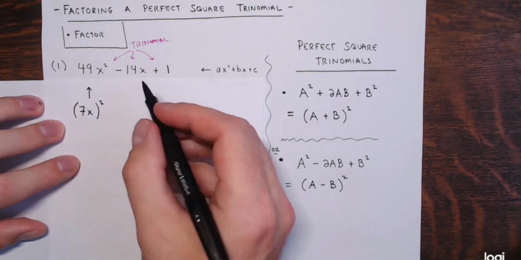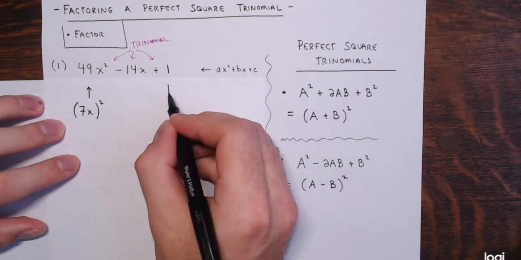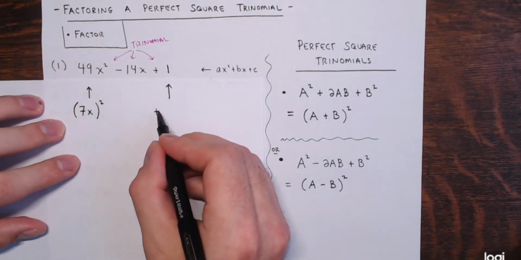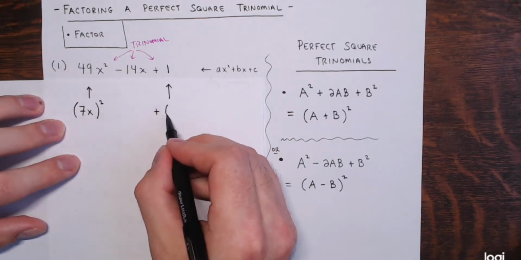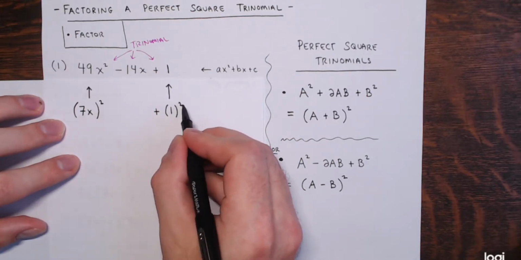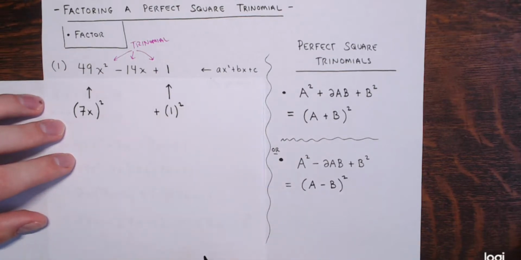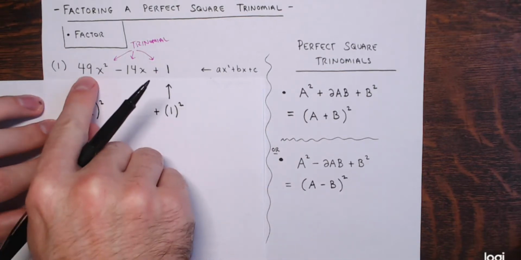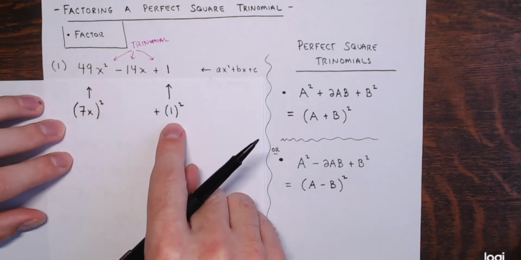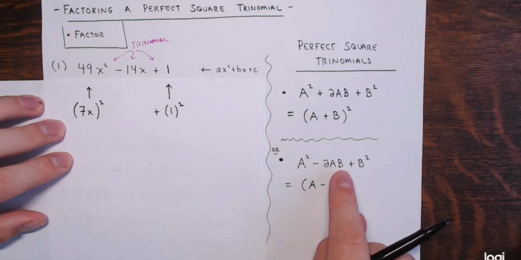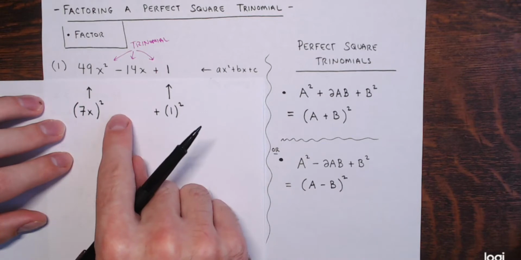And this constant term, plus 1, is also a perfect square. 1 I can think of as 1 squared. So if the first term is a perfect square, and the constant term is also a perfect square, then you might have one of these. It all depends on that middle term.